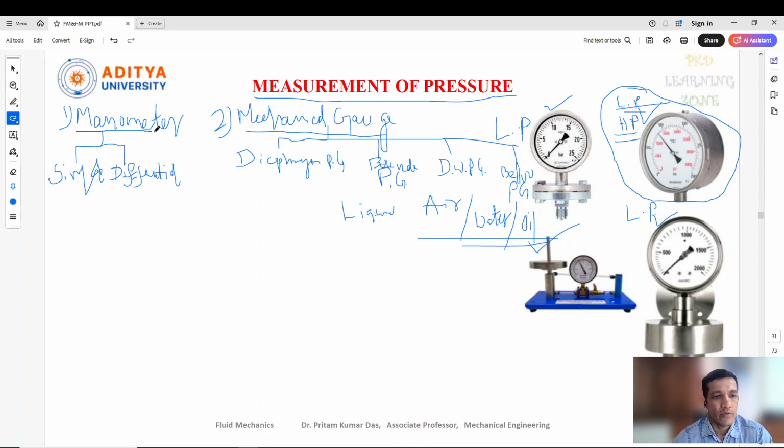Now coming to the manometer, it is categorized into simple and differential. The simple manometer is again categorized into three types.